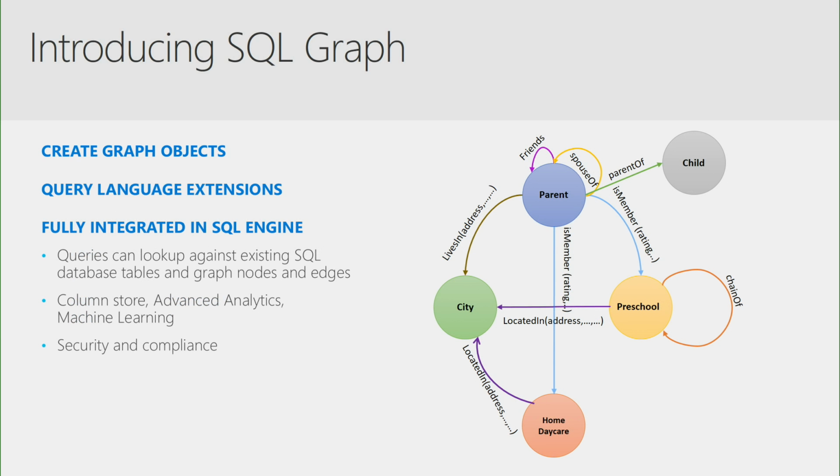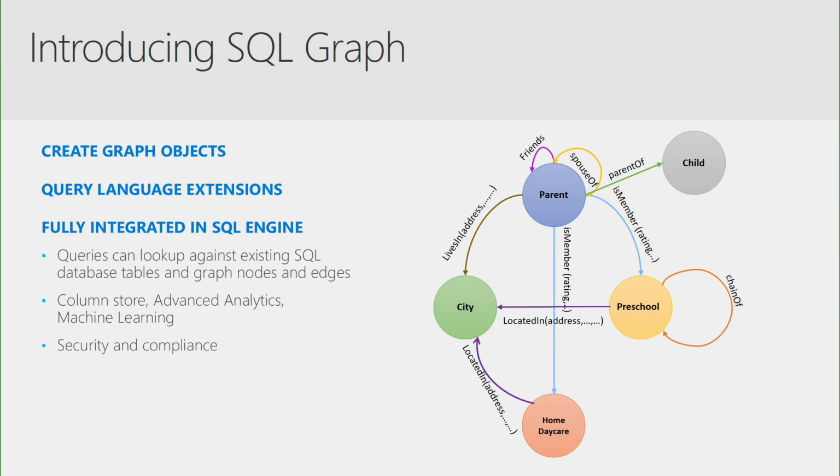This is fully integrated in the SQL Server engine. If you have your relational schema and graph schema in the same database, queries can look up against existing SQL database tables and graph nodes and edges. And you can also have queries that go across your graph nodes and edges and tables.